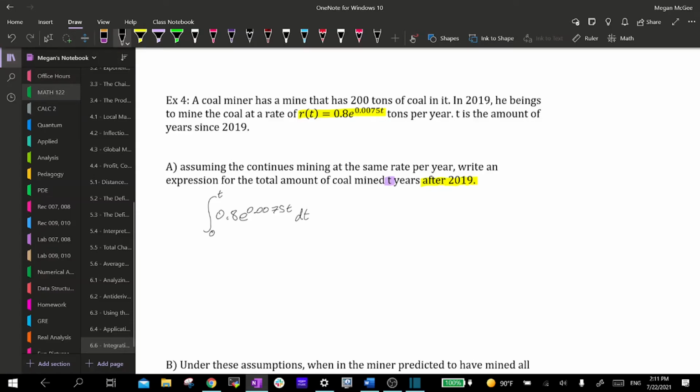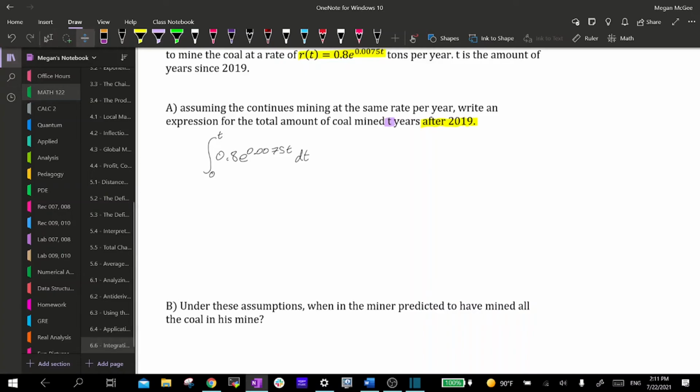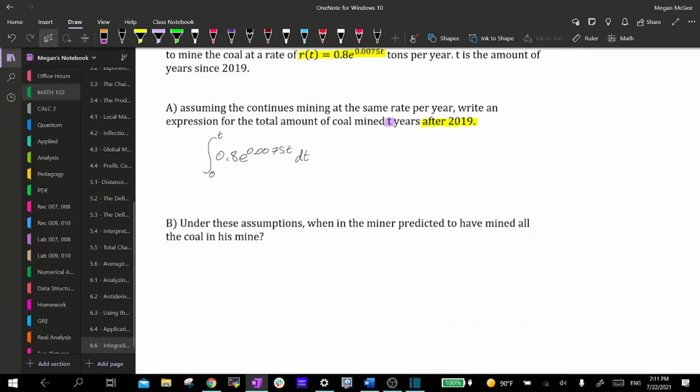All right, part B is actually going to ask us to use that expression. So when is the miner predicted to have mined all the coal in his mine? So that means we want this integral to be equal to the total amount of coal in the mine.